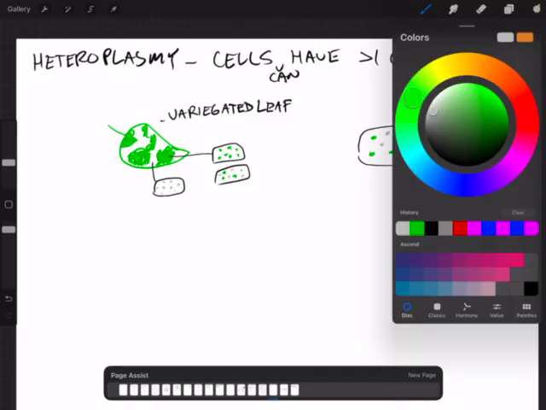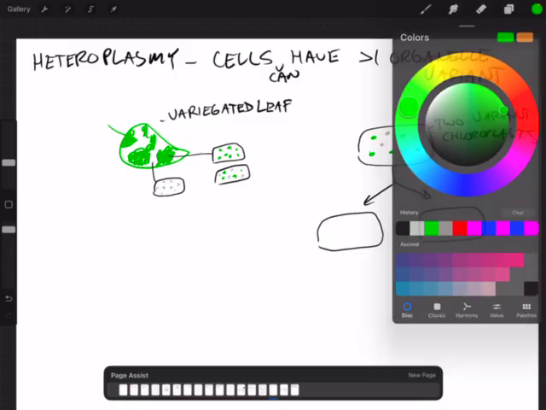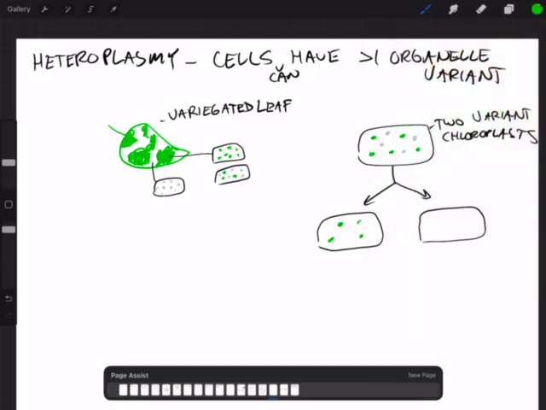Okay. That cell is going to randomly divide. And when it does, it's just going to take with it, as it divides in two, whatever part of the cytoplasm happened to be on that side of the cell. Right? So you've got a cell filled with, in this case, light and dark chloroplasts. When it divides, it can be a situation where by random chance, one of the cells ends up with more green in it that's dark and fewer light chloroplasts.